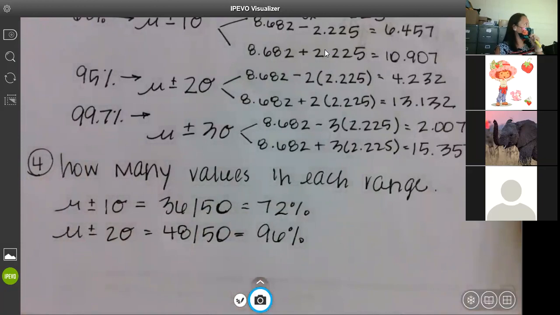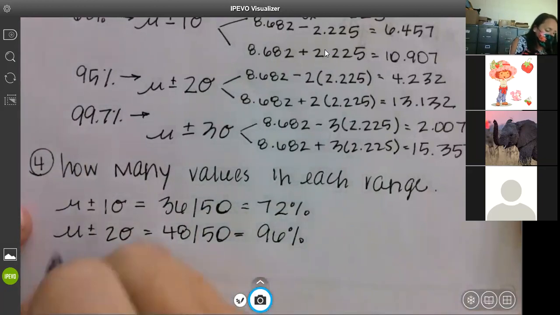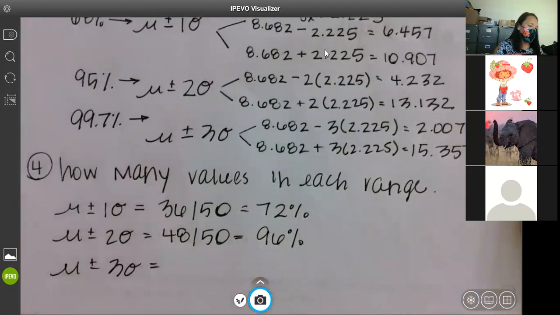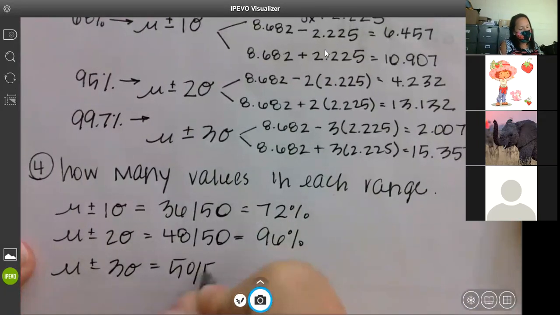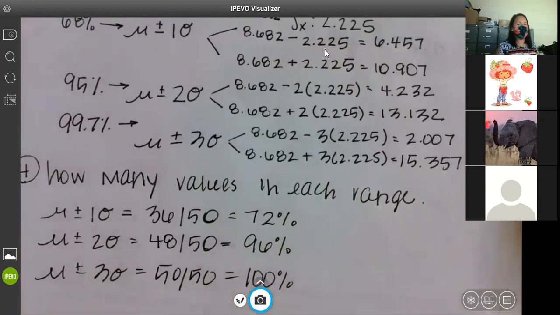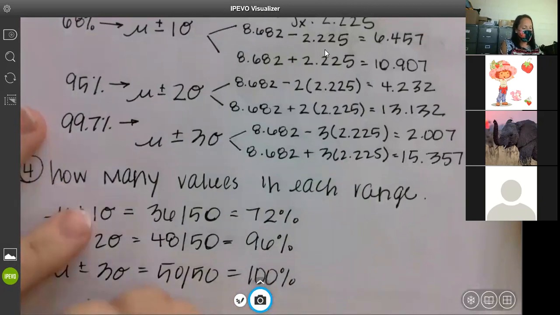That's real close to 95, right? Does everybody see that? Now, when we do plus or minus 3 standard deviations, that's up to 15 and down to 2, which makes 50 out of 50 included, or 100%, which is also super close to 99.7. So this one is fairly normal.